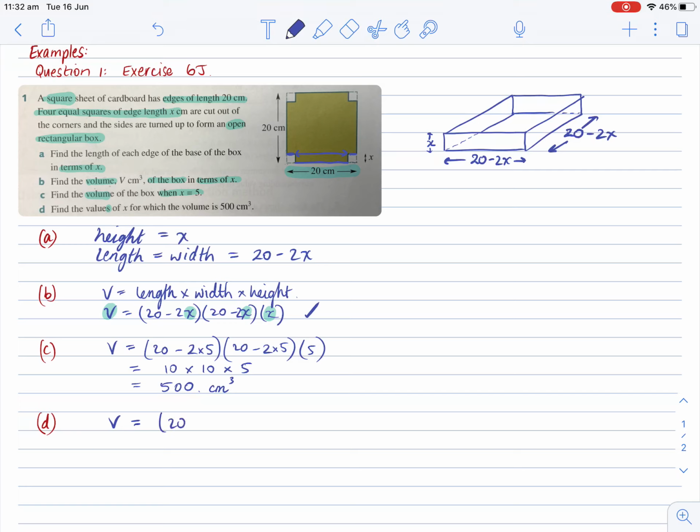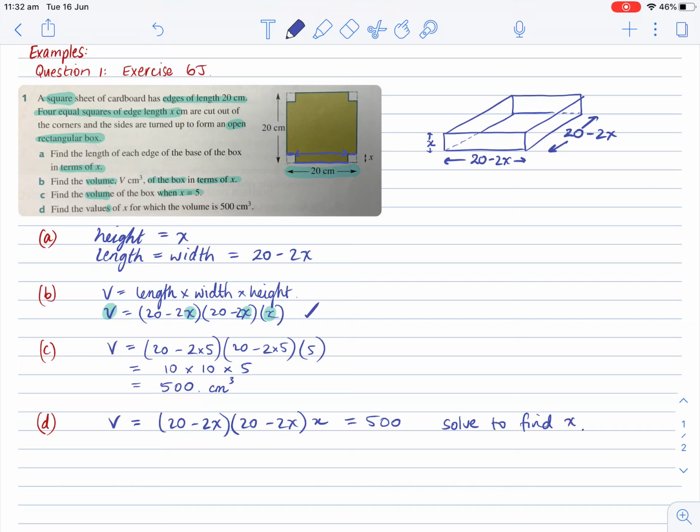So I can do this two ways. Number one, I can make my equation equal 500, and I need to solve that equation to find x.